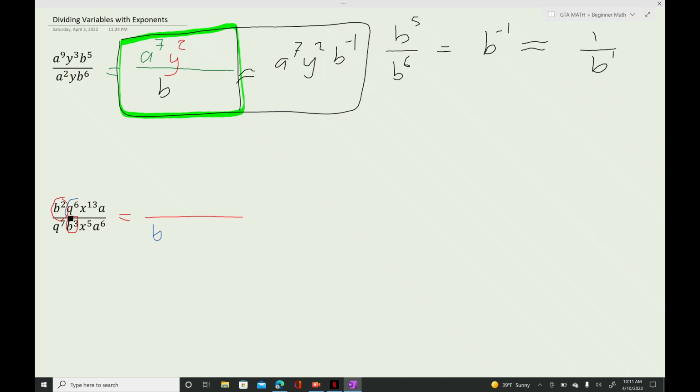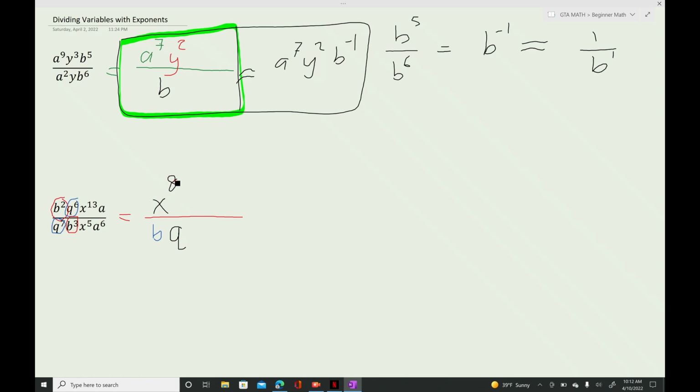We have our q's over here, and the q that's larger is in the denominator. So 7 minus 6 is 1. We're going to leave that down here. And then we have x to the 13th divided by x to the 5th, and this becomes x to the 8th.